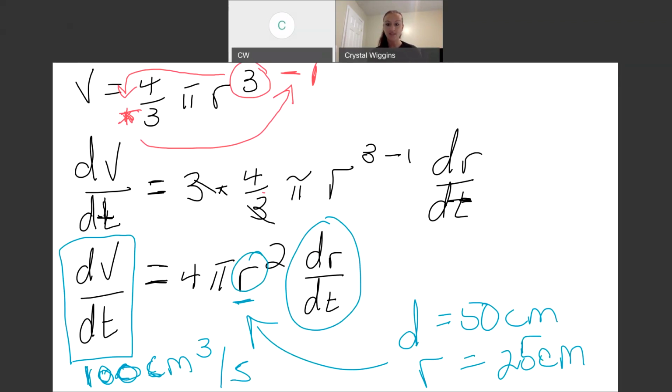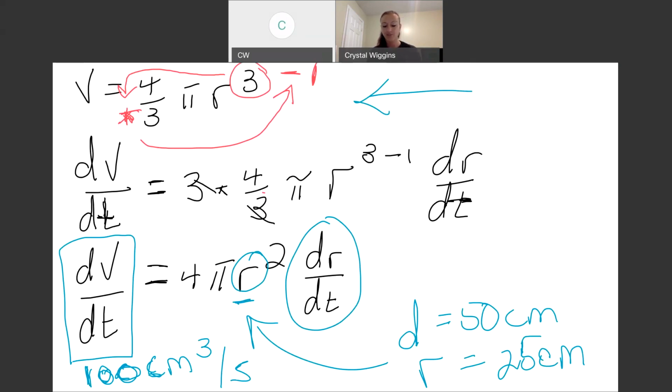So again, let's take a look at the process of this problem. The first thing we did was recognize what's given and what we're trying to find, because that makes it easier to remember which variable you do not want to put a number in for if that's what you're trying to find. We then took a look at the shape that was changing and found a formula that made sense for that shape, so our volume formula.